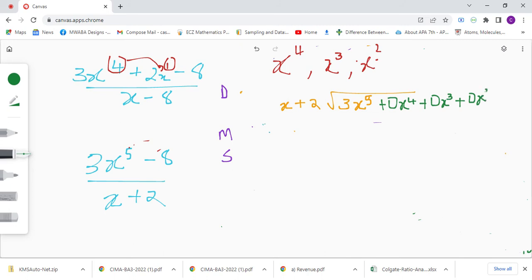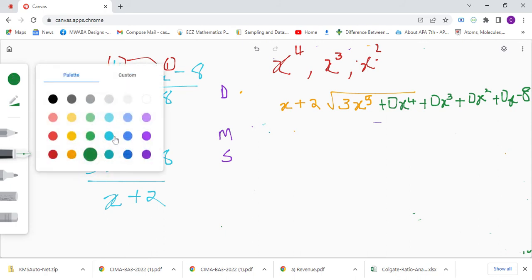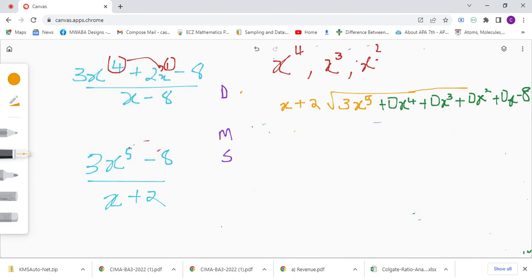We don't even have x to the power 1. Minus 8.